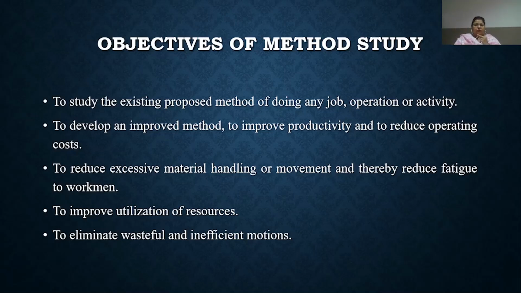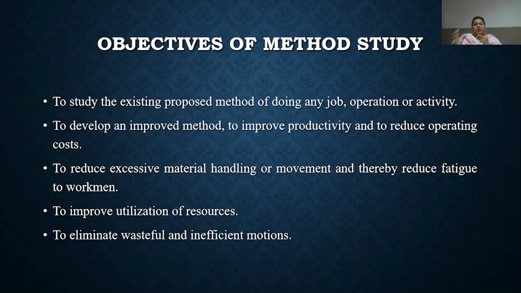Next one is to reduce excessive material handling or movement, and thereby reduce fatigue to the workman. If we have proper machines for material handling and movement of the raw material, then the fatigue of the workers can be reduced.